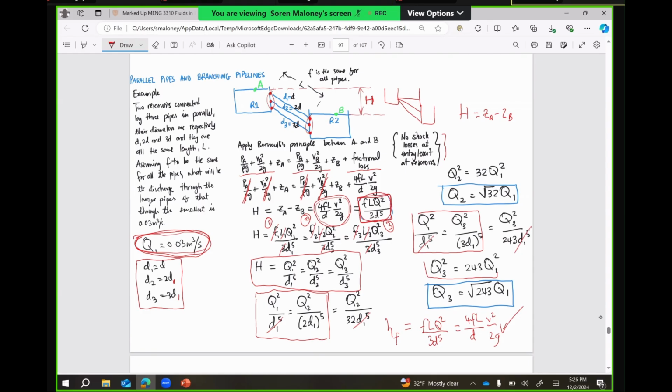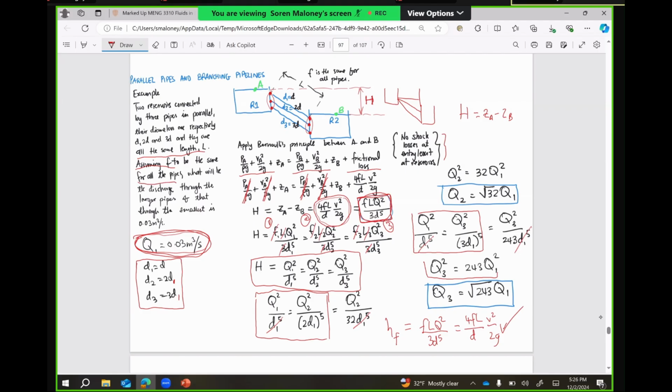So we have the diameters of each pipe, and they told us that the diameter of the second pipe is twice the diameter of the first pipe, and the diameter of the third pipe is 3 times the diameter of the first pipe. And then they also told us that all of the pipes are the same length, L. They said assuming F, which is the frictional coefficient, to be the same for all pipes.